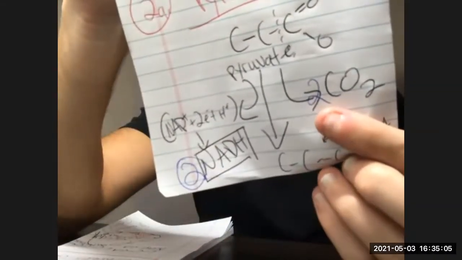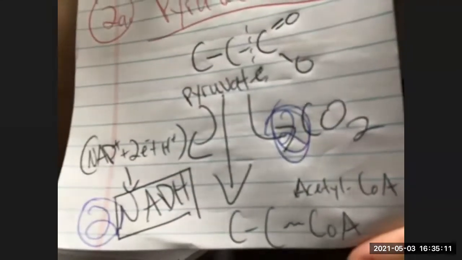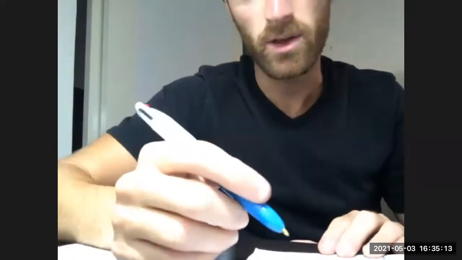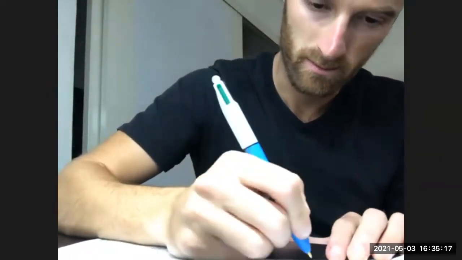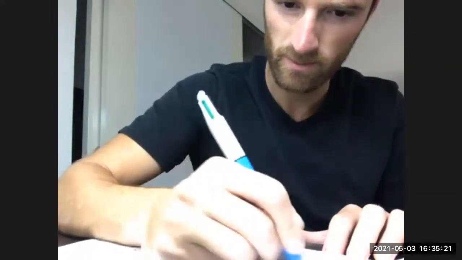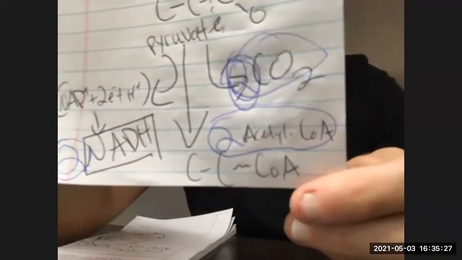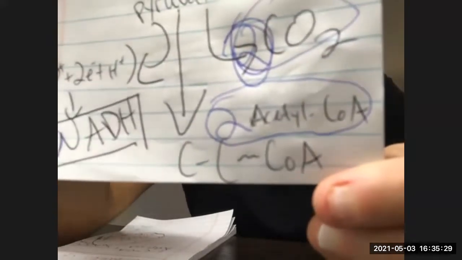Two CO2s. Let's circle it. There you go. You get two acetyl-CoAs. Two acetyl-CoAs. Great.